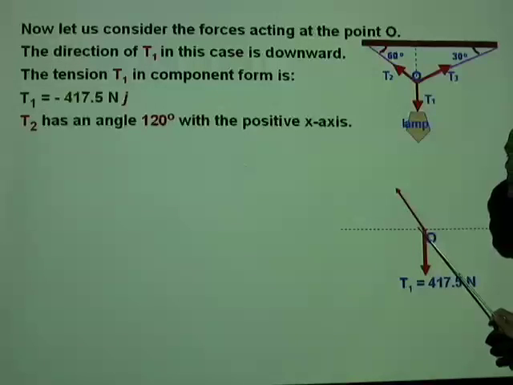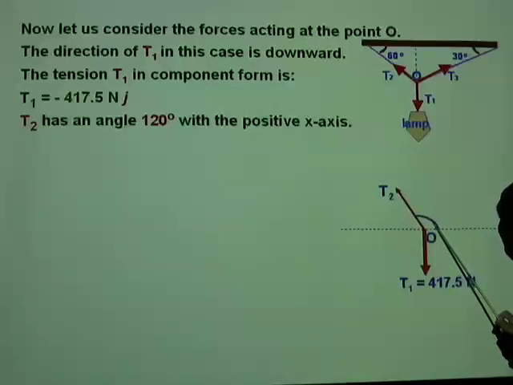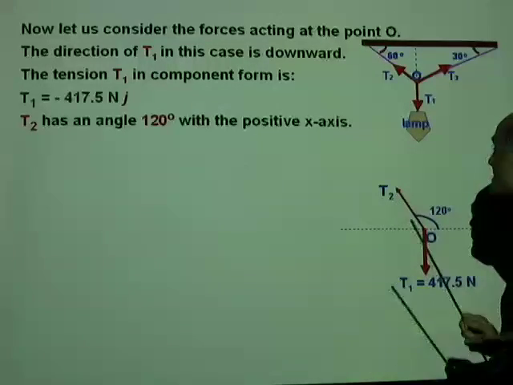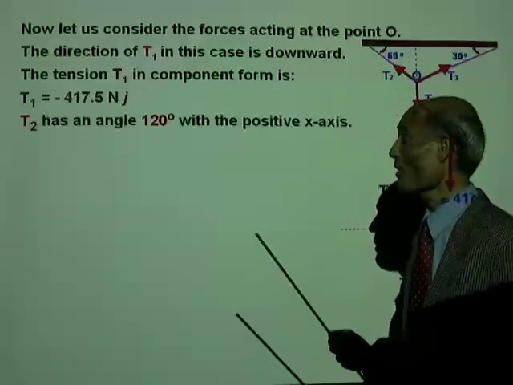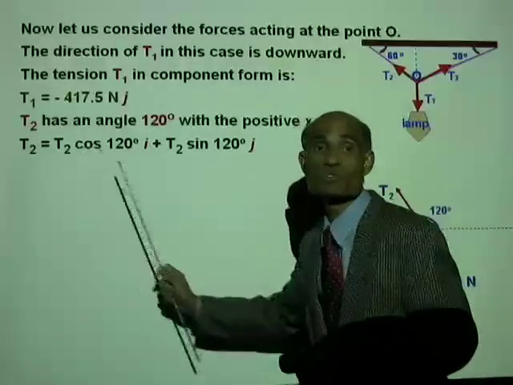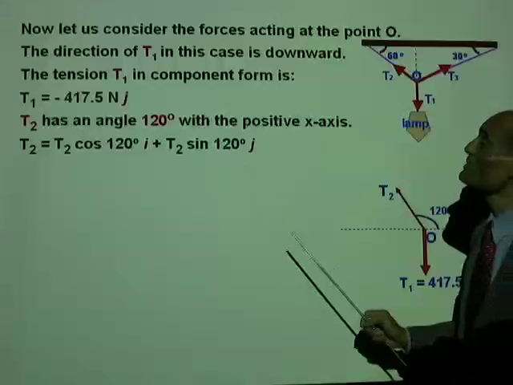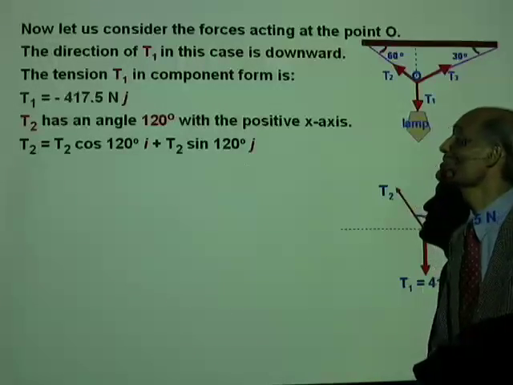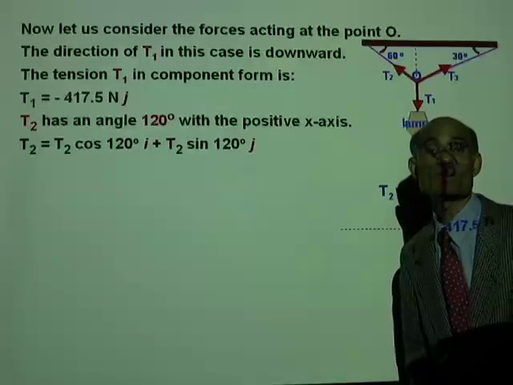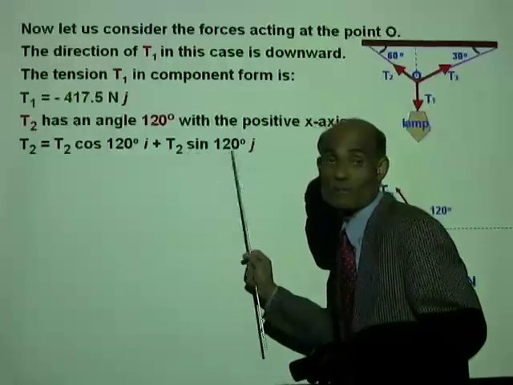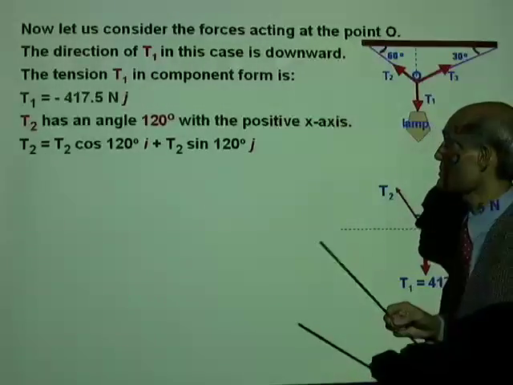Now this is T2 that makes an angle of 120 degrees. Can you write T2 in the component form? Therefore T2 will be T2 cos 120 degrees I plus T2 sine 120 degrees J. The x component of T2 plus the y component of T2.